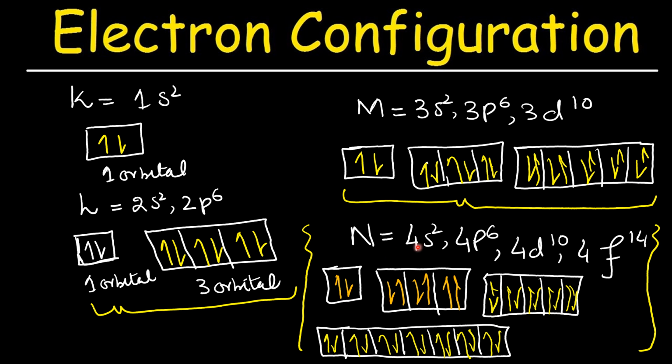In case of the N shell, there are basically four subshells. These subshells are 4s2, 4p6, 4d10, 4f14.